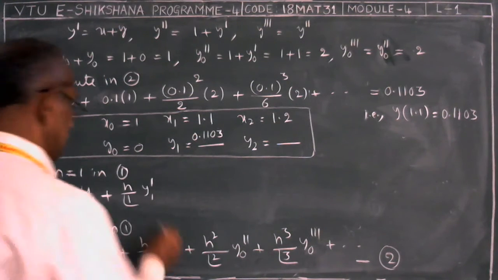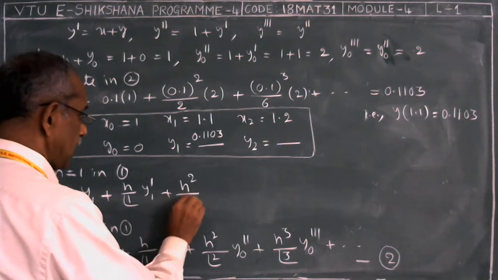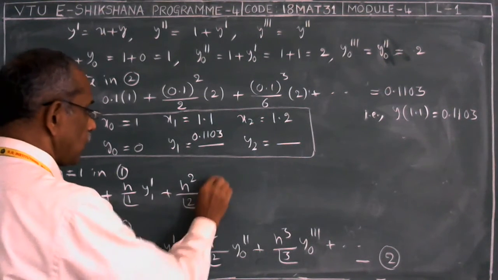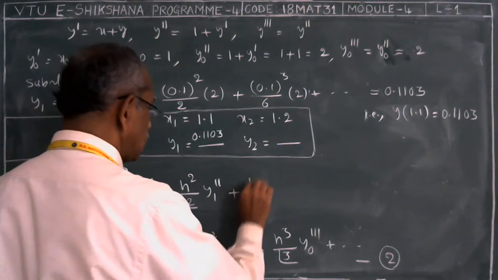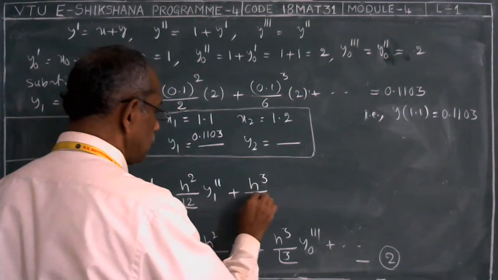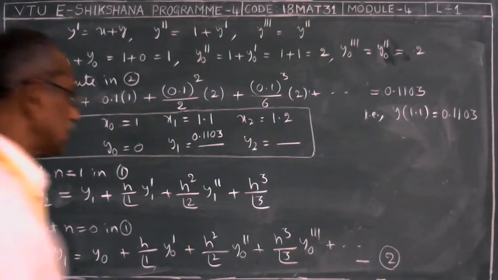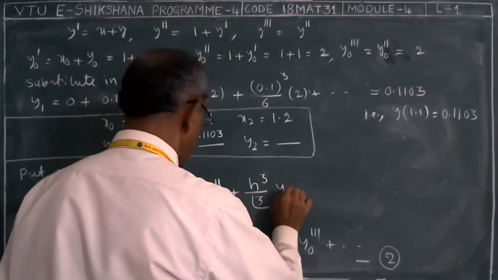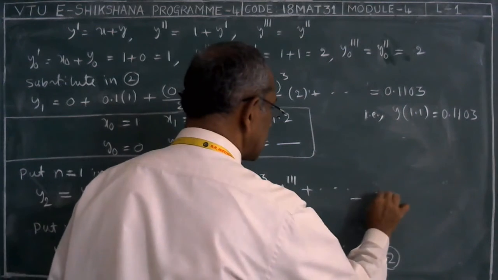Then plus h square divided by factorial 2 y1 double dash plus h cube divided by factorial 3 into y1 triple dash and so on.